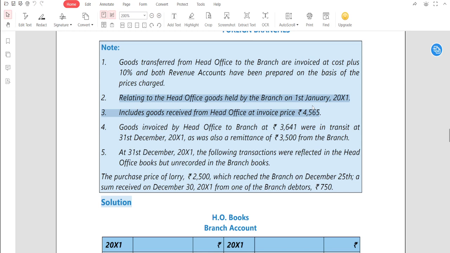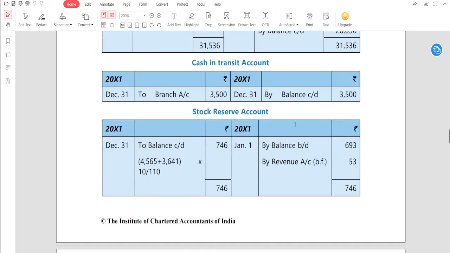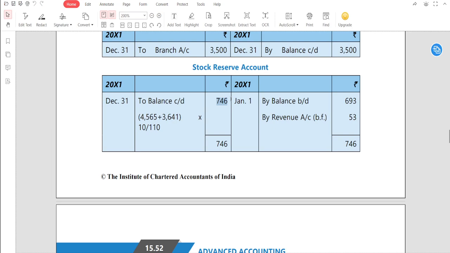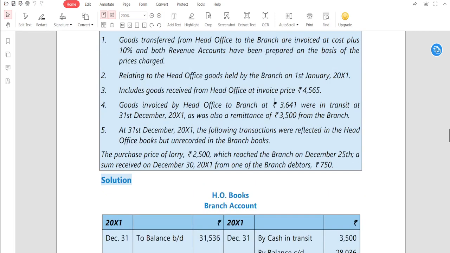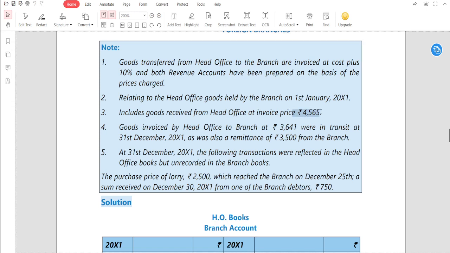As well, the goods invoiced by the HO to the branch are also inclusive of profit. So this plus this, whatever the amount you get, we need the profit only, so multiply by 10 by 110. If these two are equivalent to 110%, then what will be the 10%? The amount will be 746 something. So the journal will be the closing amount of the stock reserve, because the goods are lying with the branch.